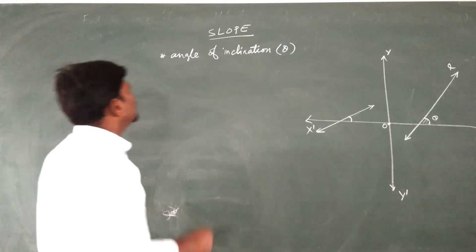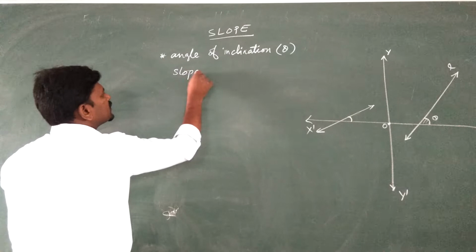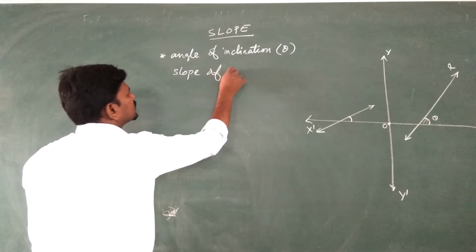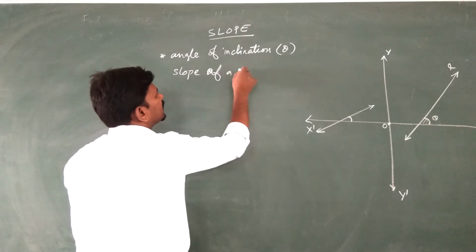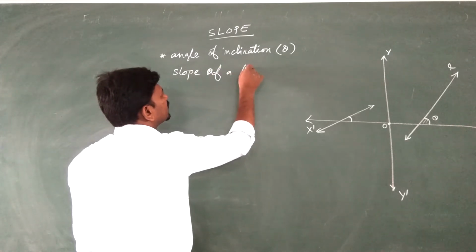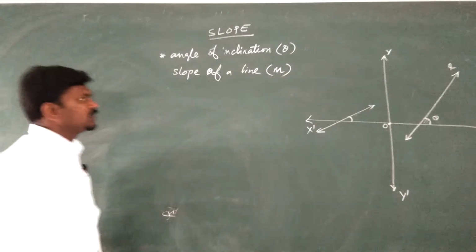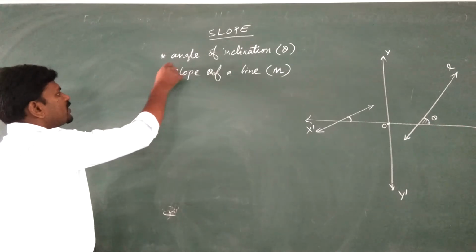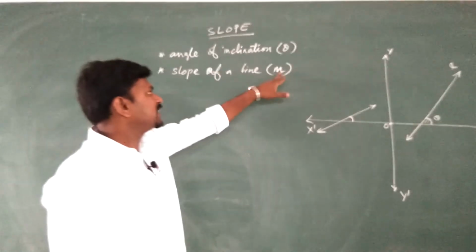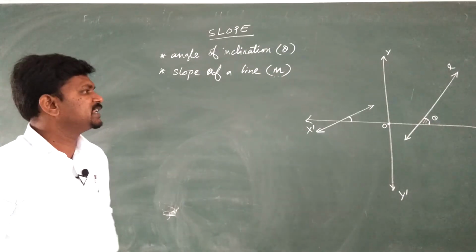Generally we denote the slope of a line by the letter m. m means slope, theta means angle of inclination.